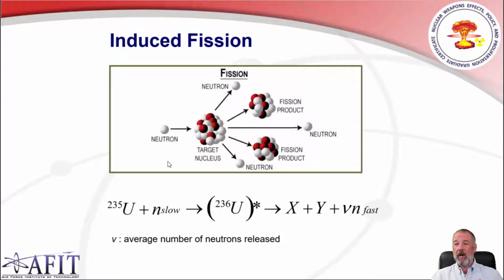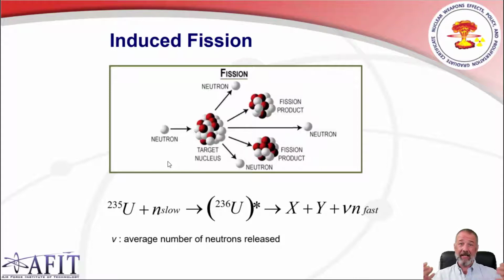So if we want to go ahead and write this in terms of the nomenclature that we've been using so far, we have uranium-235 plus a slow neutron ends up producing this compound nucleus, this uranium-236 compound nucleus, which we now know has enough energy to fission, and that's going to result in two basically ejected nuclei.